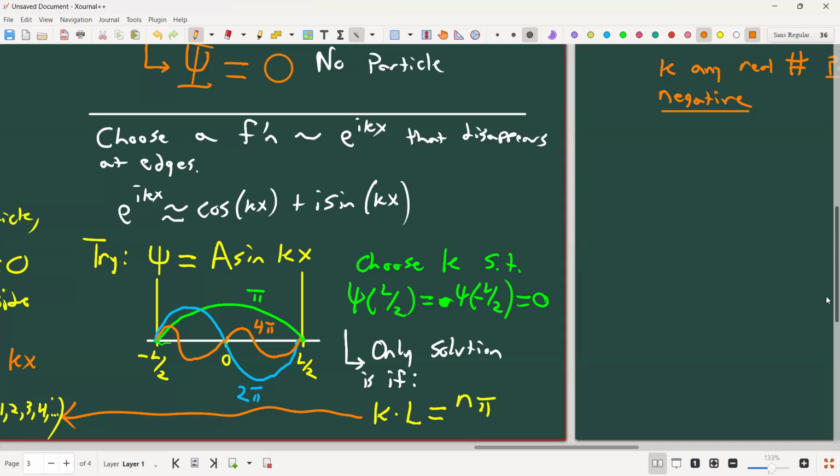So the only way you can guarantee that it goes from 0 to 0 across the box is if you multiply KL divided by pi, that ratio KL divided by pi. Remember, pi is half a period, right? So KL divided by pi is the ratio of the oscillation, the wavelength, or the number of radians divided by pi.